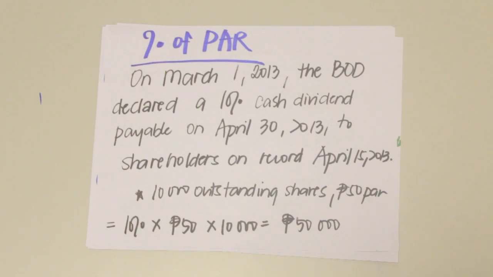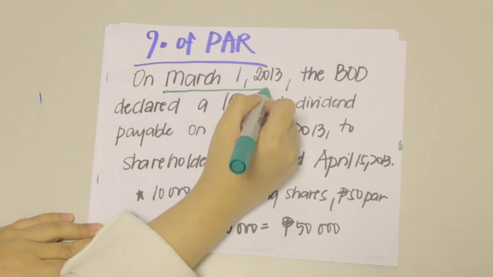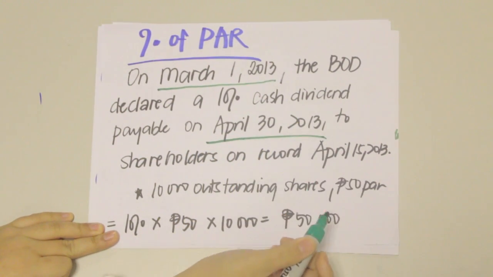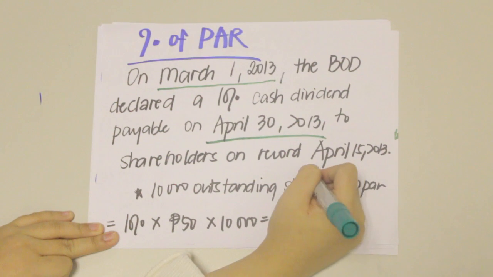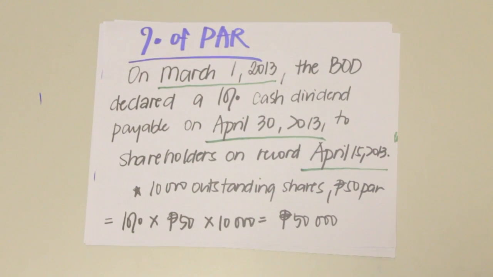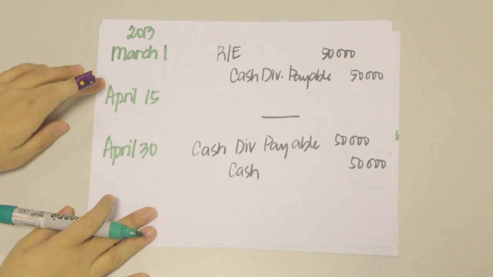So we also identify the different dates here. So this would be your date of declaration. April 30 would be your date of distribution or payment, and April 15, 2013 would be your date of record. So the entries for that would be here.